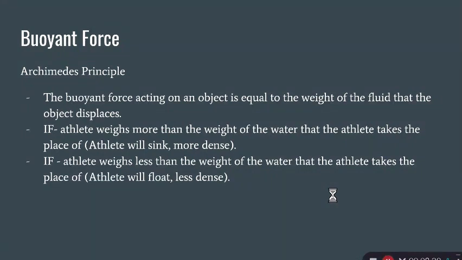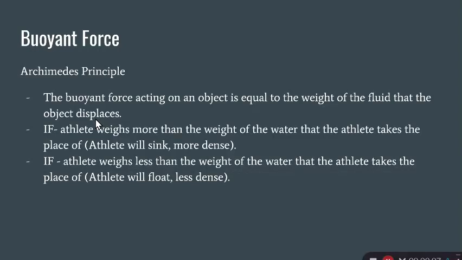And the amount of buoyancy force here is determined by Archimedes' principle. Okay? By Archimedes' principle, the buoyancy force is equal to the weight of the fluid that is displaced by the object. Displacement means the amount of fluid that is pushed away due to us or an object sitting in that fluid.